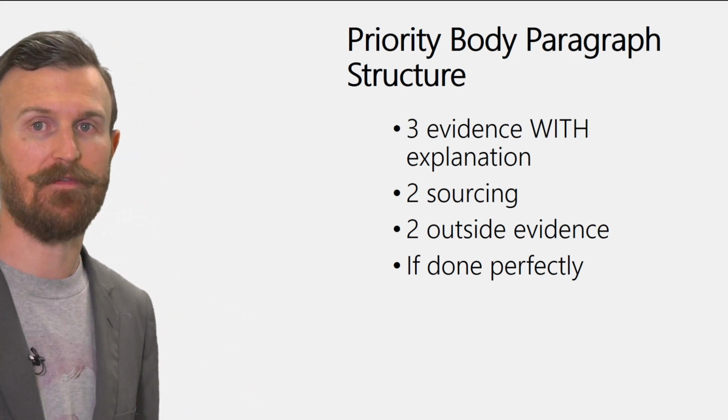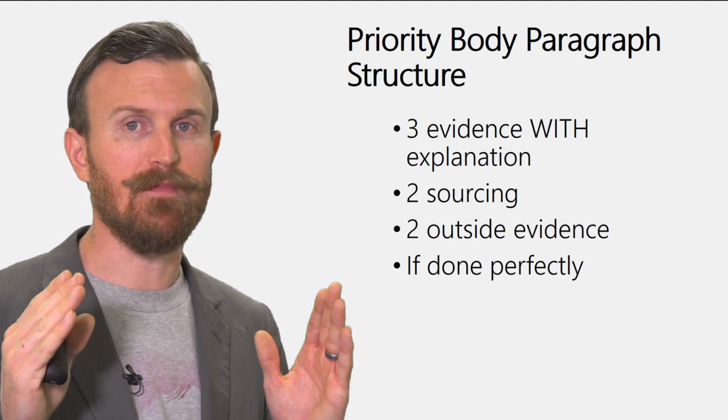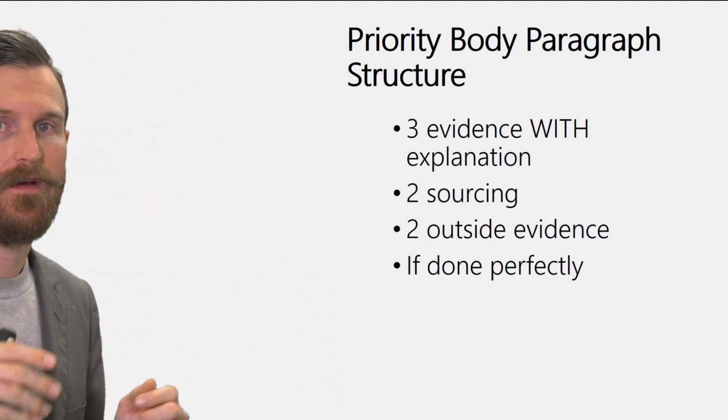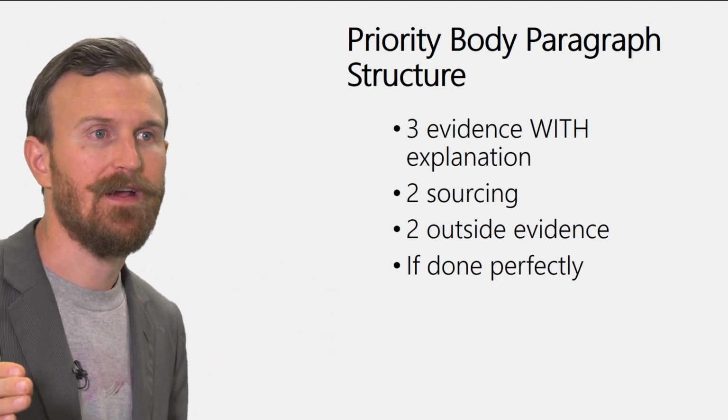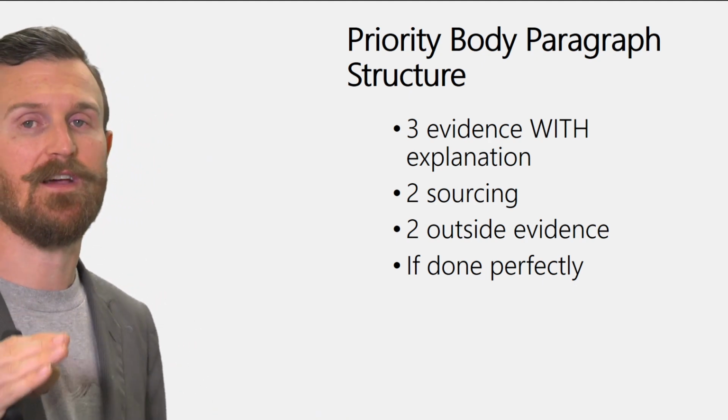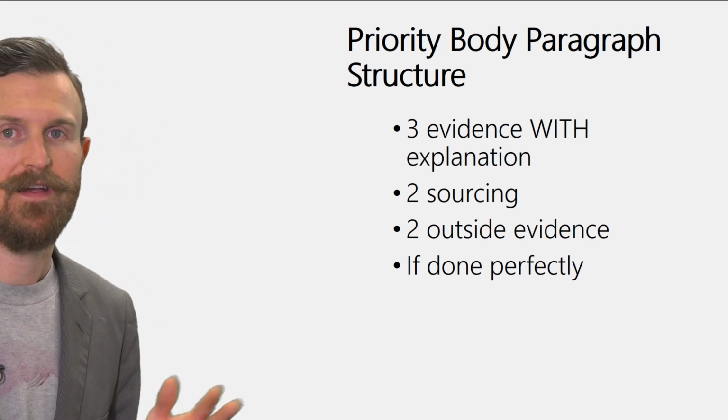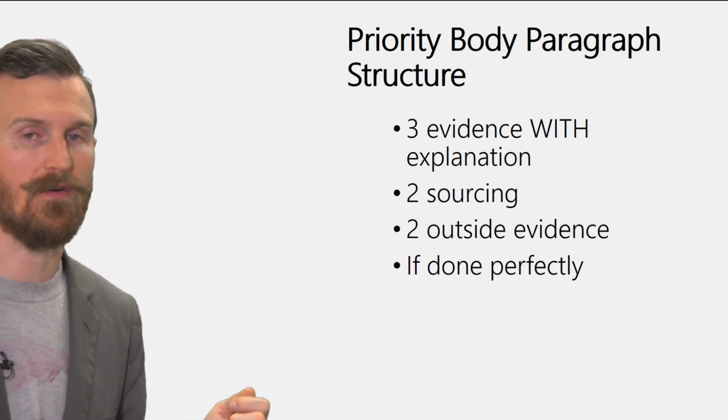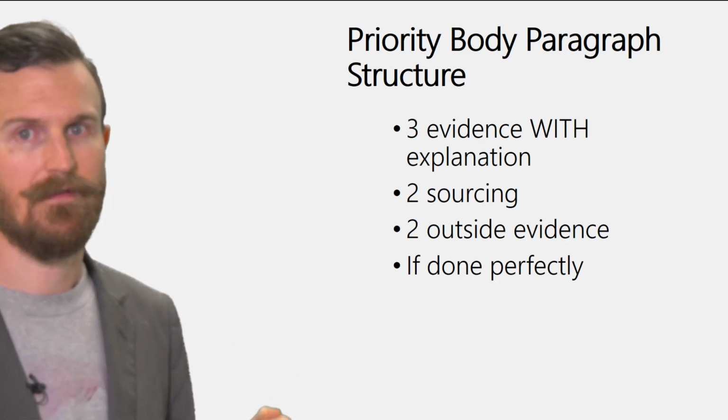Write this paragraph first. That way you can get the majority of your points here, and if you run out of time later and you have to cut parts of the second body paragraph, it's okay. You've already earned many points.